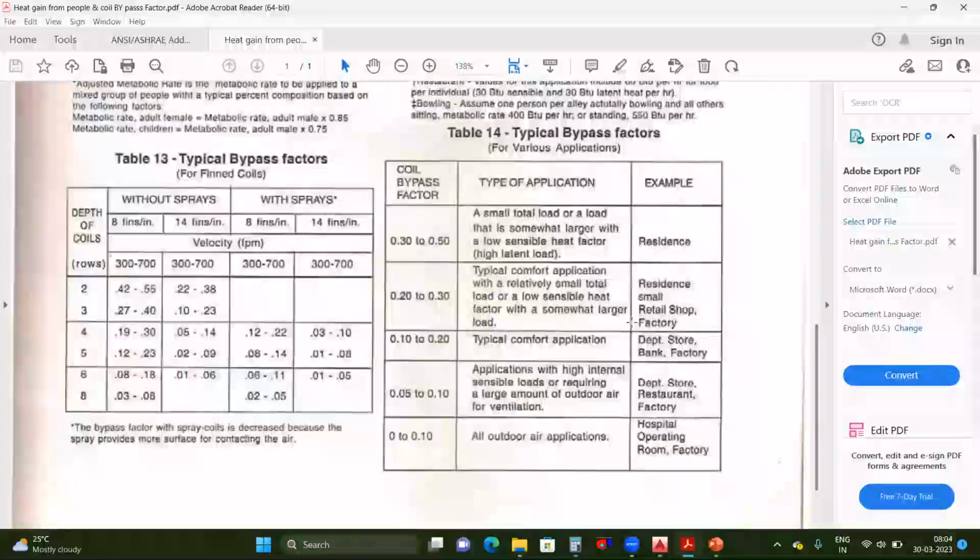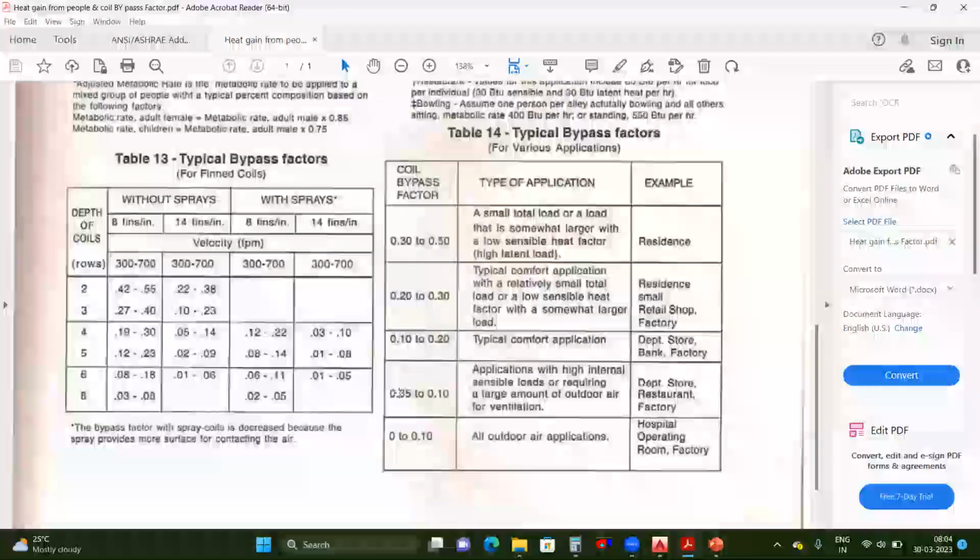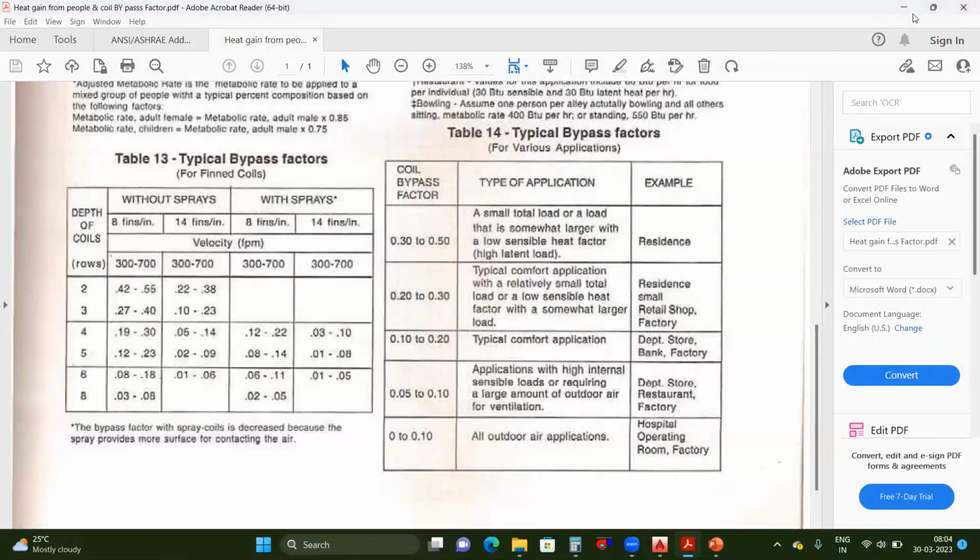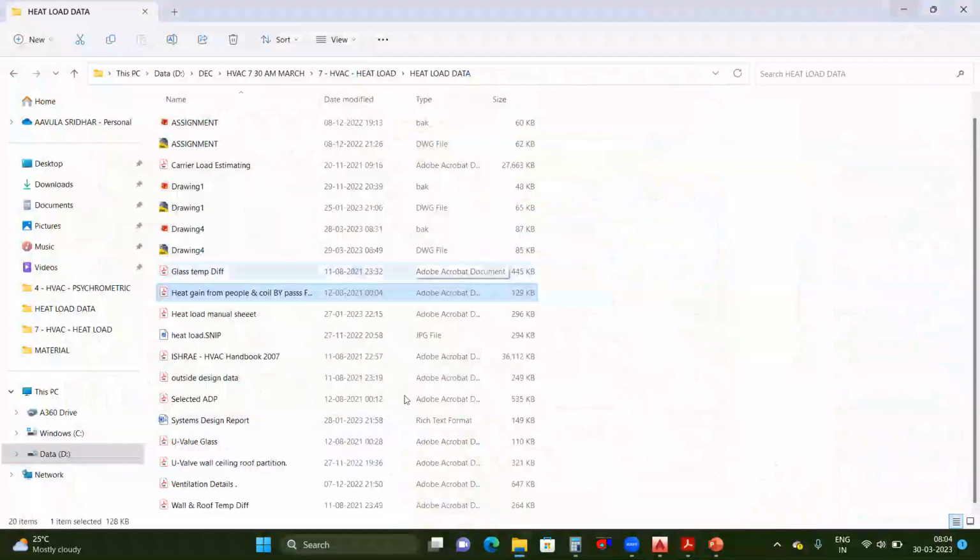We are doing it for office spaces, which come under typical comfort application, not restricted to any relative humidity maintenance. So we can take the bypass factor value as 0.12 to 0.20. Okay, I will take 0.1 here.